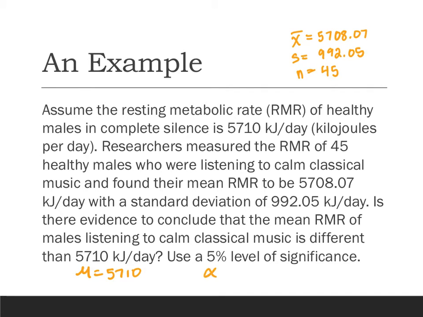And of course, alpha is 0.05. I'm going to transfer that over to a blank page, and we can start looking at our conditions for a t-test and then setting up our hypotheses.